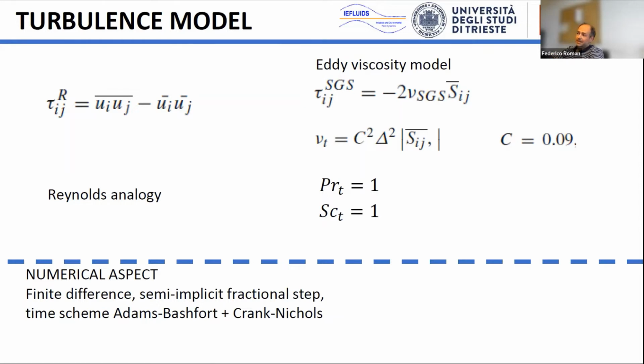Because the idea is then to move to more really applicative cases with respect to the one that I'm going to show. And for example, a dynamic procedure for the computation of the constant could be problematic if you do not have a direction of homogeneity. It can give rise to singularities.